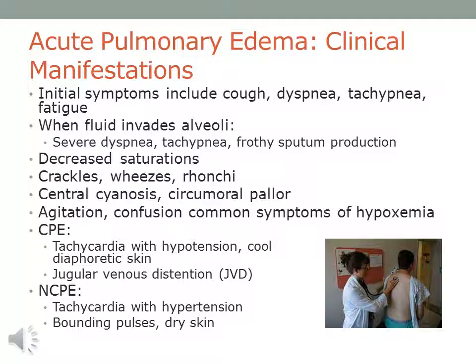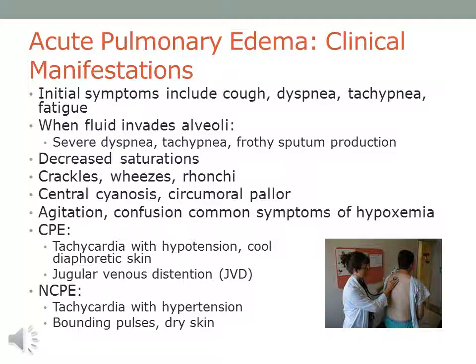The body knows that the blood's not as oxygenated as it needs to be, so it's going to send twice as much. But when the heart pumps effectively, as in the non-cardiogenic case, if it pumps faster, it's going to increase our blood pressure. The body knows that it needs to get more blood to those organs faster because the quality of the oxygen that's getting there is less than desirable. So we're going to see the tachycardia with the hypertension. And in this case, you're going to see those bounding pulses and that dry skin.